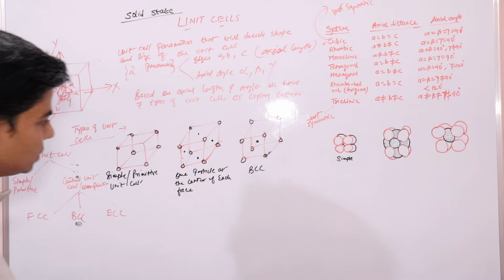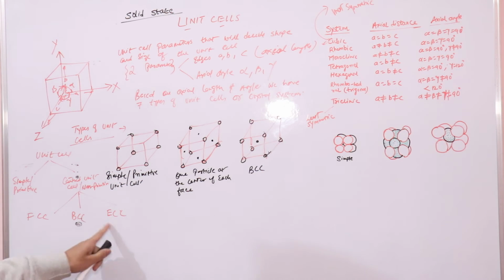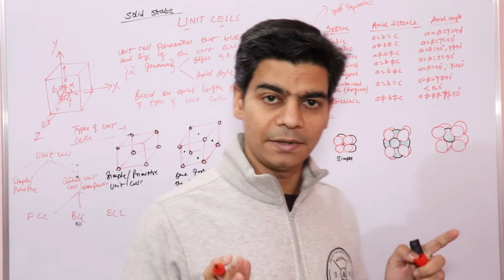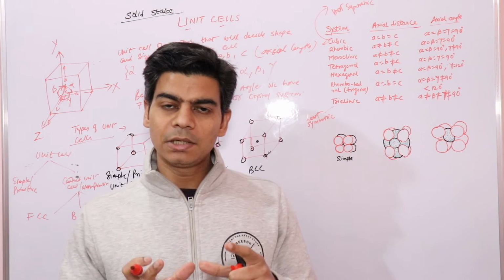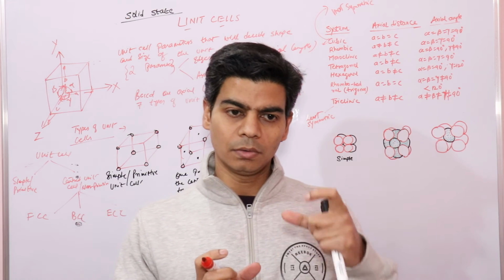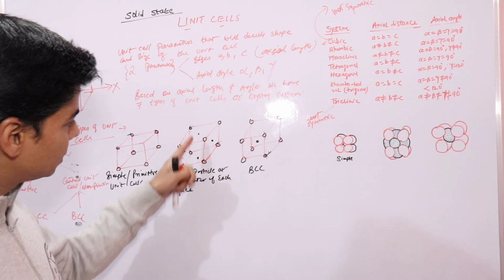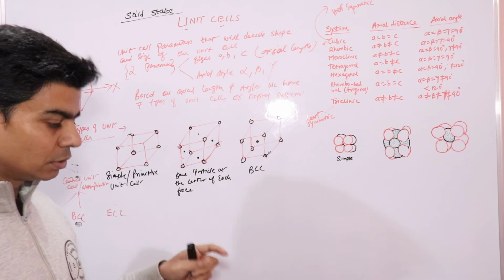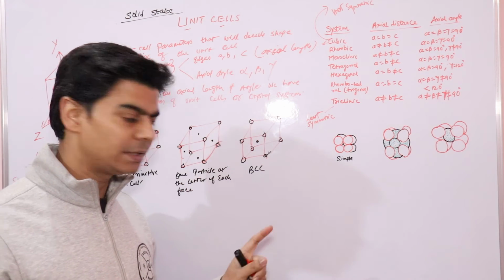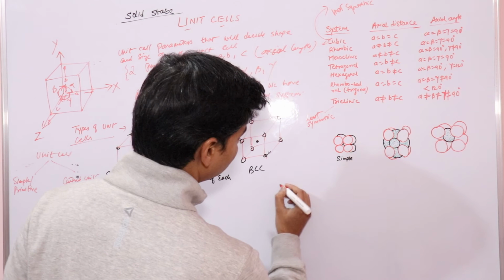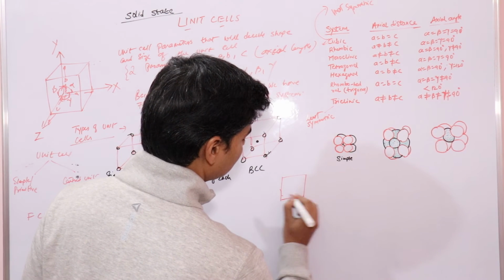right? Now there is one more which is known as edge centered. Let's look at edge centered. In edge centered, the particle would be present at the opposite faces, right? These are the opposite faces. So one particle each would be present at the opposite face. It would be like this.